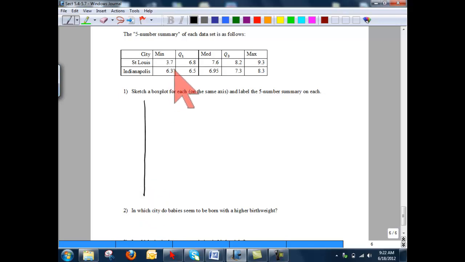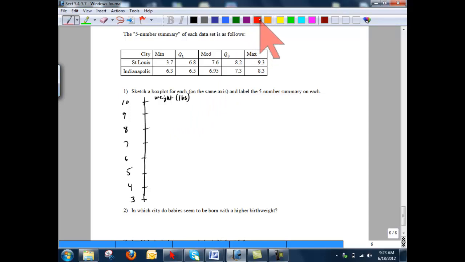If I look at the numbers in the summary here, I see numbers as small as 3.7 and as large as 9.3. So on my scale here, I'm going to have numbers as small as 3 and then up to as large as 10. So here we go, 3, 4, 5, 6, 7, 8, 9, and 10, and this axis is weight in pounds.